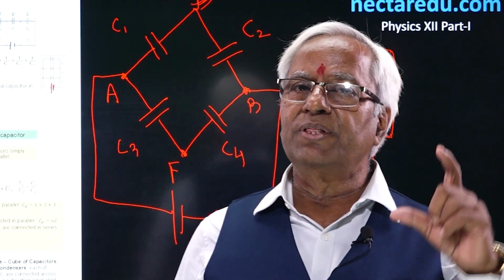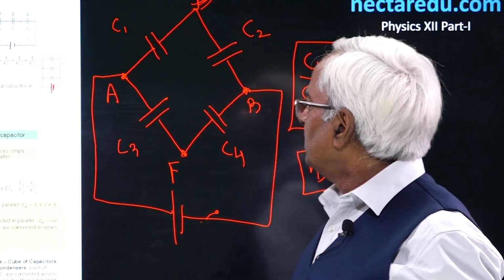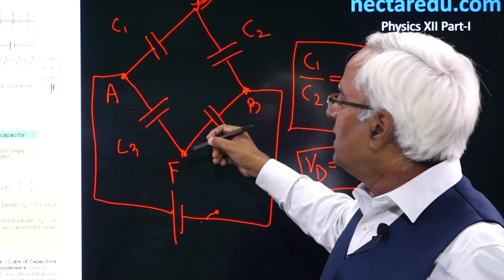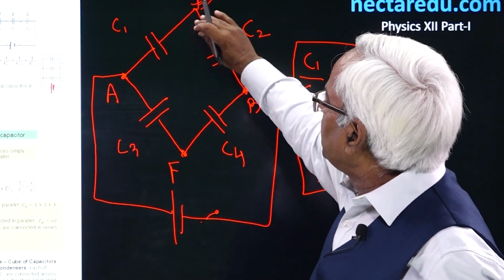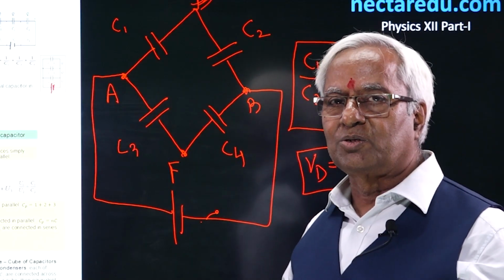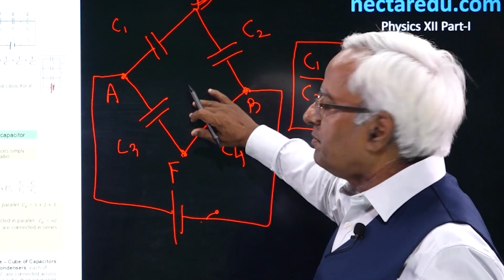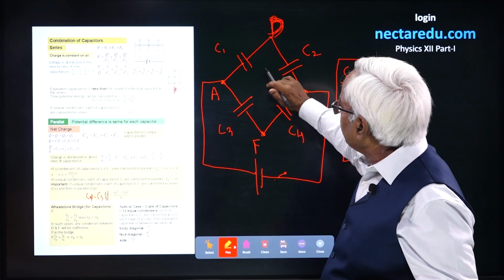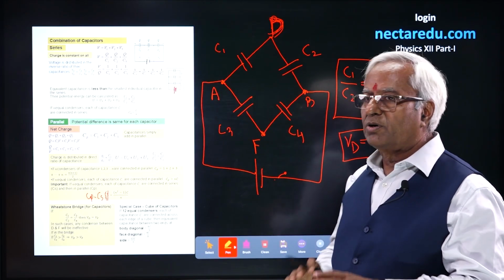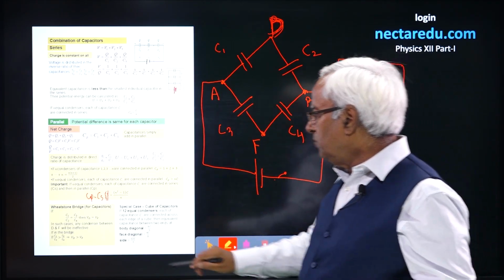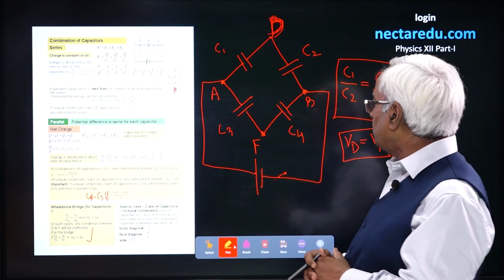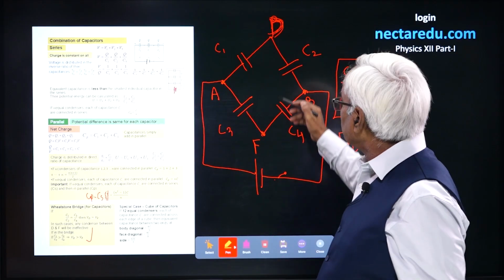Current will flow only when there is potential difference. Once you decide there's no potential difference, it simply means that anything you connect between the two, it might be a resistance, a condenser, or even a coil, in all the cases that will be ineffective. So any condenser you use between D and F, when the bridge is balanced, is not going to be effective.